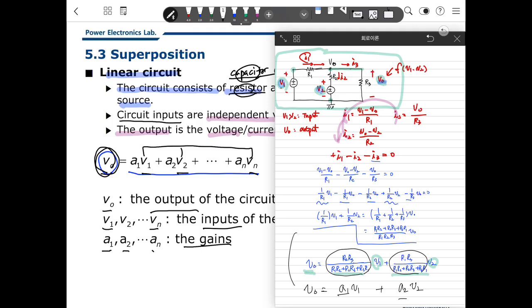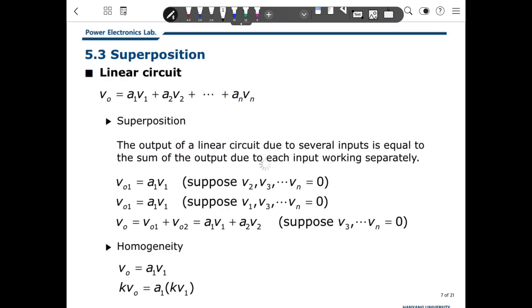So that is an example of that. There is a general form to describe the output of the electric circuit as a function of the input values. Then in the linear circuit, we can express the V out, the output value, as a function of input values in this way. Then, because the electric circuit is linear, superposition should be satisfied.